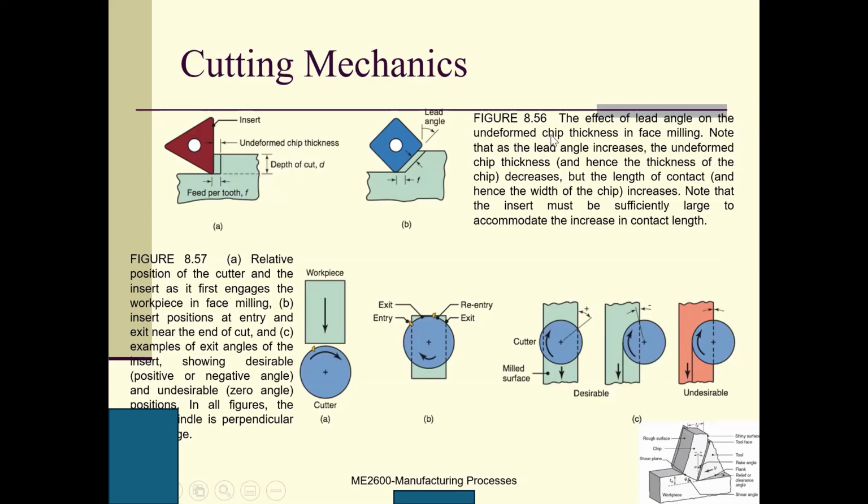On the undeformed chip thickness in face milling, as the lead angle increases, the undeformed chip thickness decreases. That's the thickness of the chip. You can see this one and this one. The thickness decreases, but the length of contact from here to here increases.